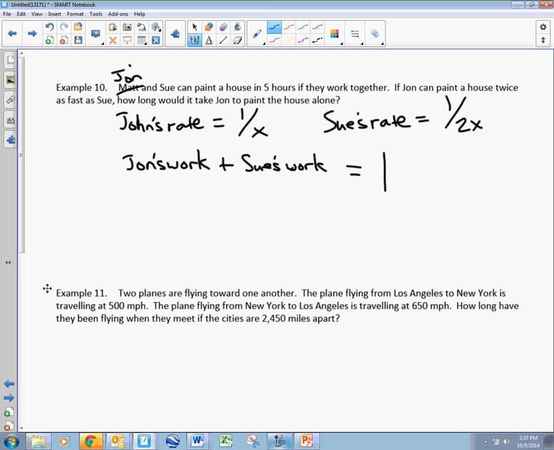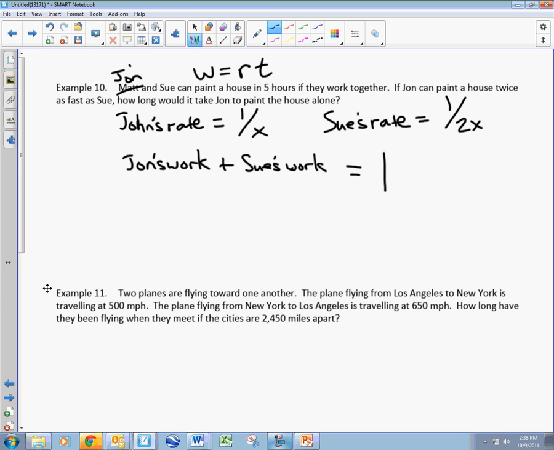What is our formula for work? Work is equal to rate times time. Do we know their rates? We know expressions for them, but we don't know the exact rate. That's what we'll be solving. Do we know the exact time? Yeah, they took 5 hours. So we set it up.